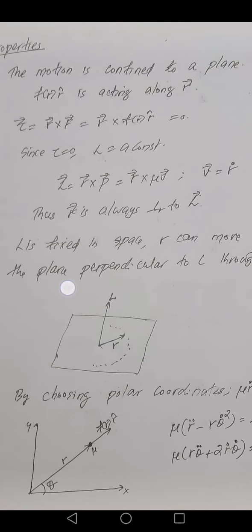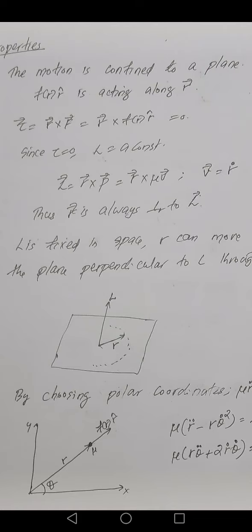So L is r cross mu V. It simply means that, by the property of cross products, the angular momentum will always be perpendicular to r. Or in another way, r and L are always perpendicular.